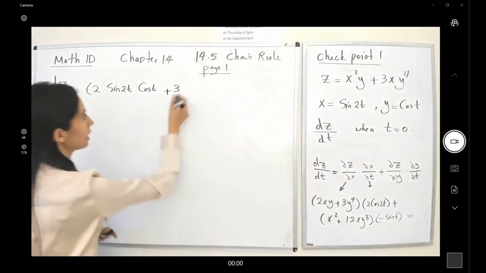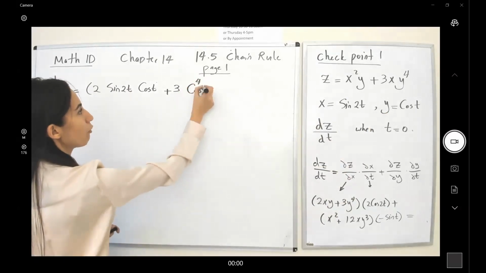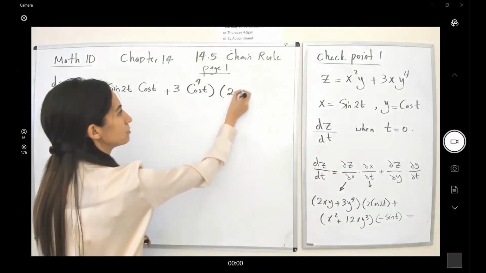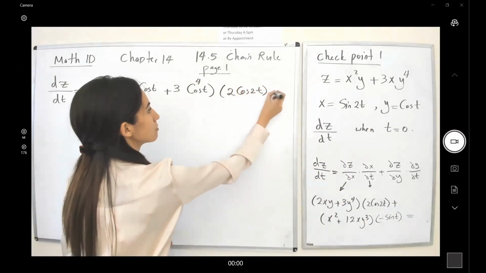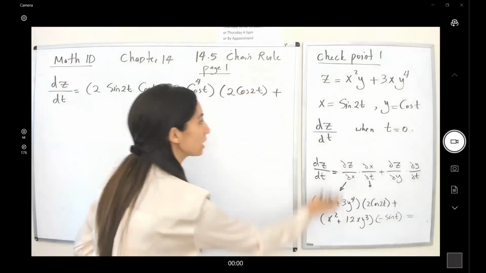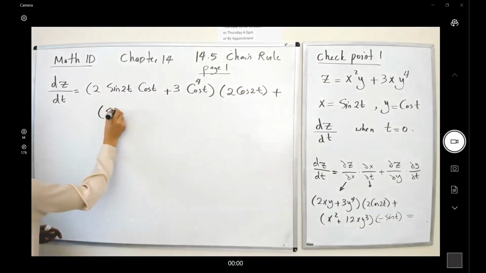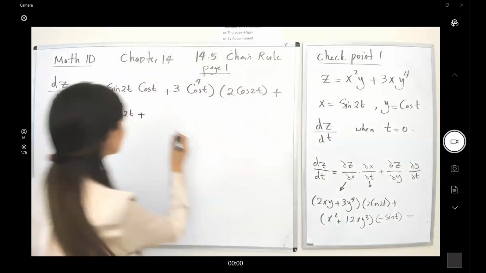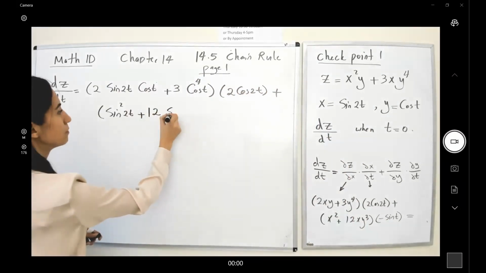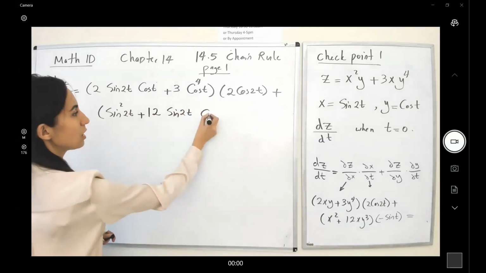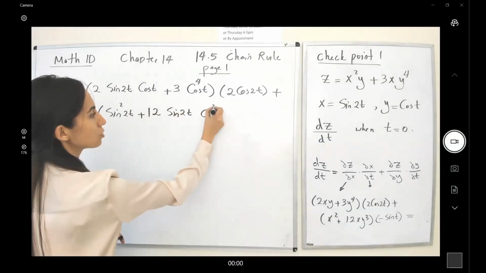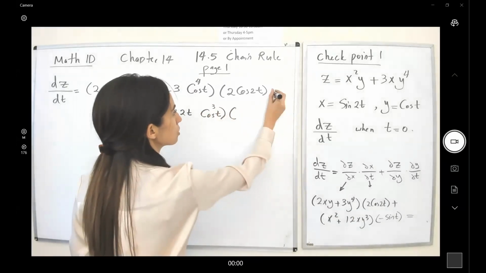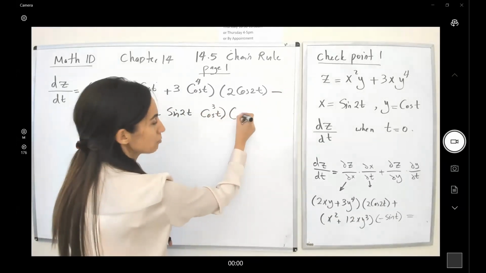Y to the 4th is cosine to the 4th of t, times 2 cosine 2t, plus x squared, which is sine squared 2t, plus 12xy to the 3rd. X is sine 2t and cosine to the 3rd of t, times negative sine t.